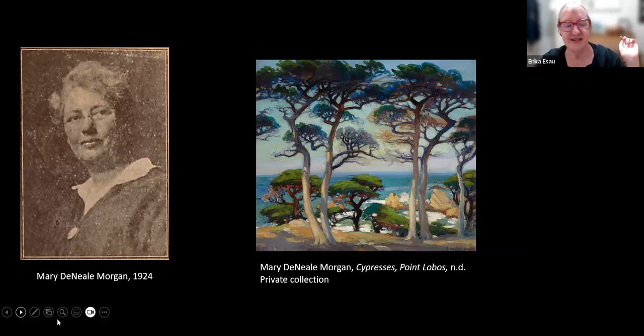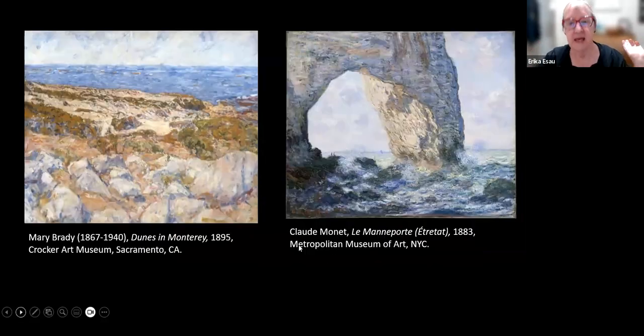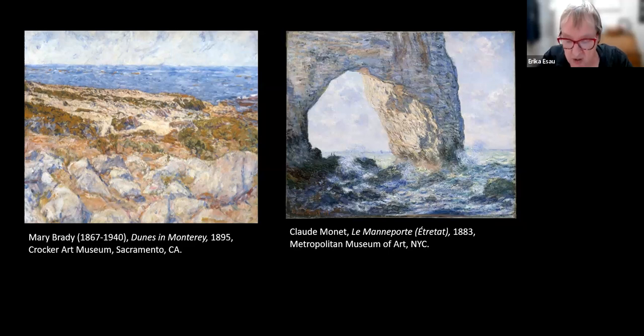And these kinds of paintings of Monterey, of the cypresses and Point Lobos, are still being painted today by others. The next few artists with strong connections to Monterey and Carmel are examples of those who did study abroad, bringing back to California what were then considered extremely progressive and modernist styles.